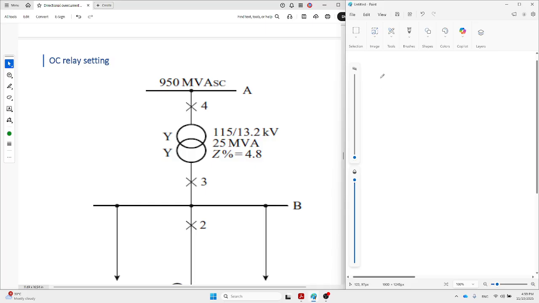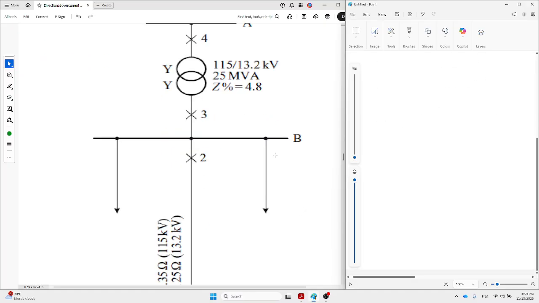So again, I repeat it. The I fault is equal to the short circuit level 950 MVA over square root 3 times the voltage, which is 915. The formula is S equals square root 3 V I, correct? This is the formula I used.